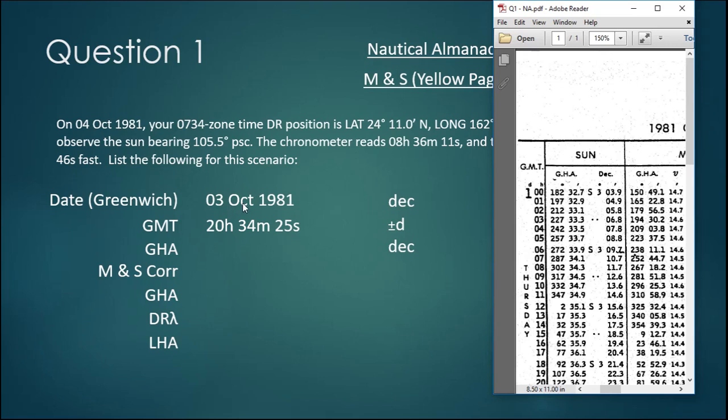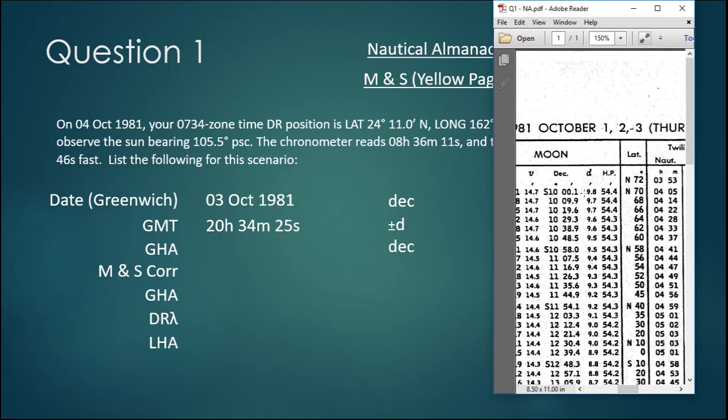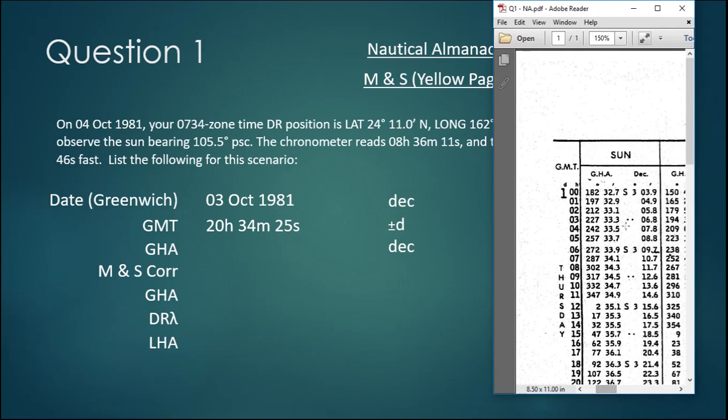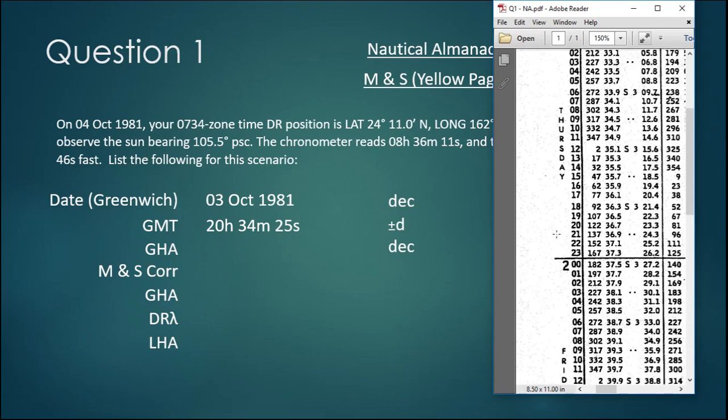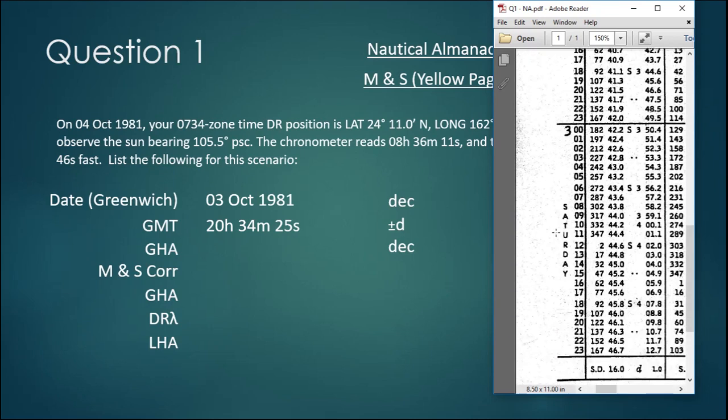Our date is October the 3rd, Greenwich Mean Time is 20 hours. So we go to the daily page in the Nautical Almanac that has October the 3rd on it. And we'll look in this column labeled sun because we're working on an azimuth of the sun. Here is the first day, second day, and this is the 3rd right here. This is October the 3rd. We're going to scroll down to 20 hours because that's the time given in the problem.